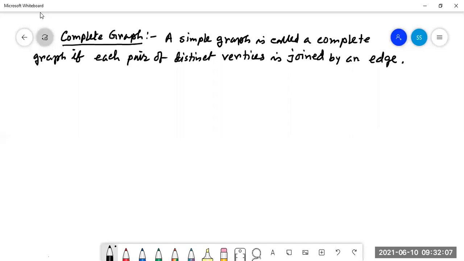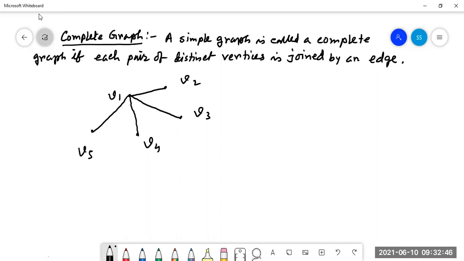That means if the graph consists of V1, V2, V3, V4, or maybe V5, then V1 and V2 are a distinct pair, so they must be joined by an edge. Again, V1 to V4 is a distinct pair, so they must be joined by an edge. V1 to V3 is also joined by an edge.